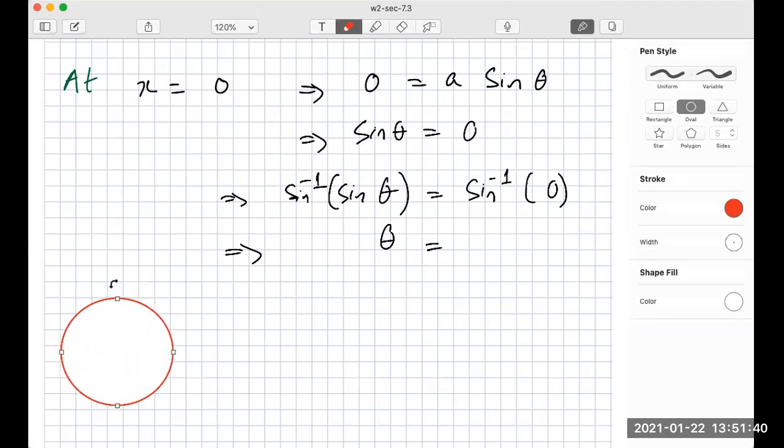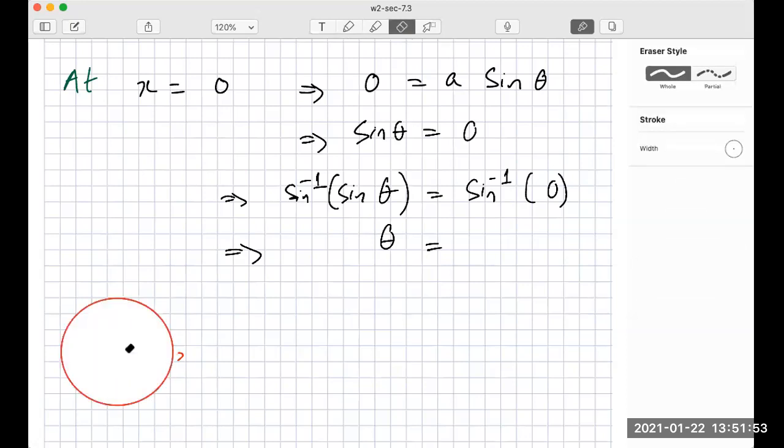Very good. If you don't remember it, here is the unit circle.